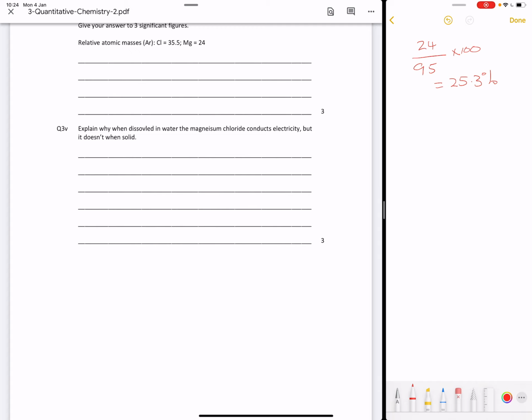So, in a solid, the ions are fixed and cannot move. That should get you a mark. When you dissolve the magnesium chloride, the ions are now free to move. And I suppose the third thing you need to put down is ions are charged particles. Okay, moving on.